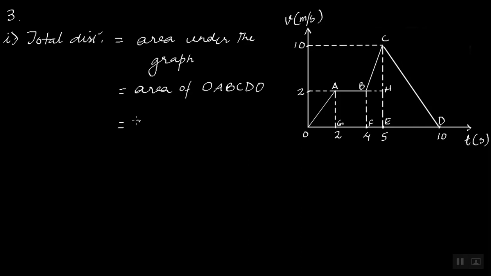So basically it is the area of triangle OAG plus the rectangle AHEG plus this triangle BCH plus another triangle CDE.